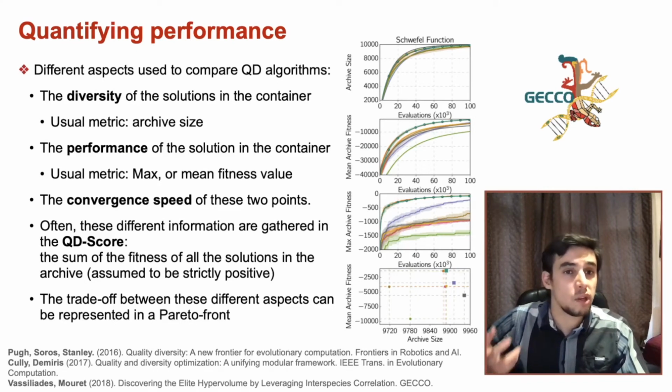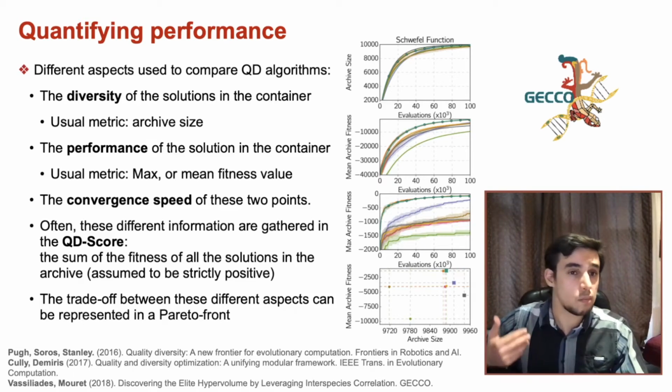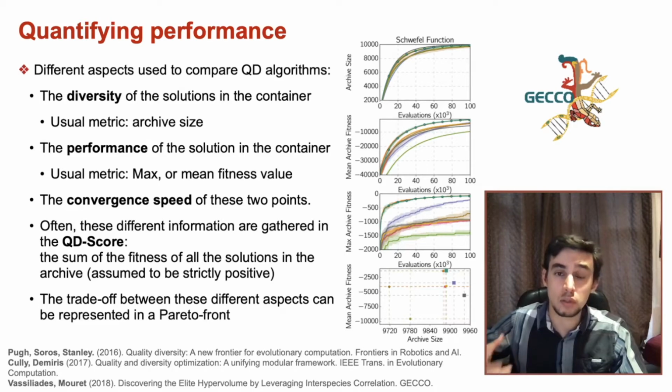Now the question is, how can we quantify the performance of a quality diversity algorithm? There are multiple aspects that need to be quantified here. The first one is the diversity of the solutions contained in the collection. The usual metric that we use for that is the archive size.